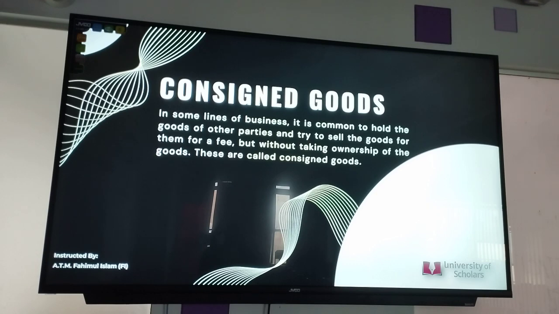So I agreed with that, and they kept 5 or probably 10% of the selling price as commission, and they gave me the remaining money.